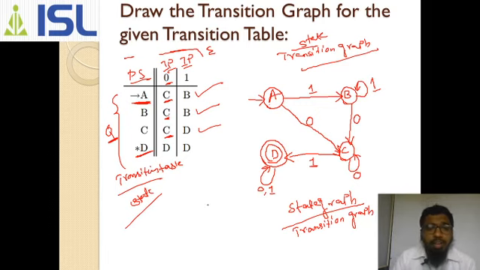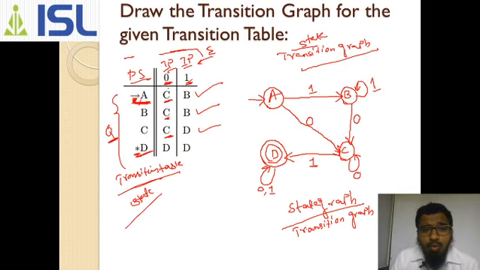So I hope this is clear. Once again I will quickly tell you about this. This is a transition table. In the transition table we have the Q: A, B, C, D. This indicates the initial state and this indicates the final state. And here the input 0 and input 1, this is sigma.